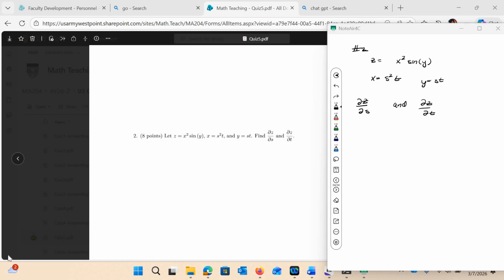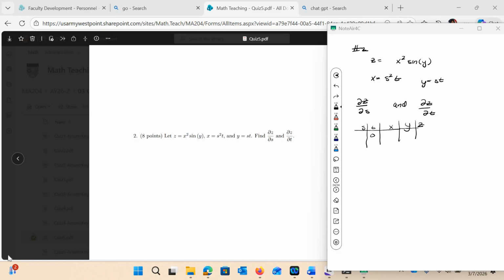If you plug in s and t values, you will get your x and y values, and you plug those x and y values in, you'll get a z. So if you think like a table, I'm just going to do 1 point. What if t was 0 and s was 1? Let's make it easy. Let's just put 0, 0.